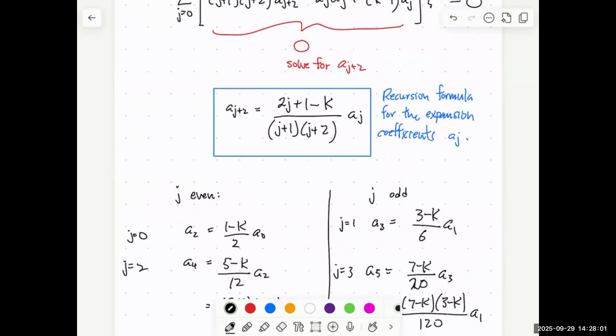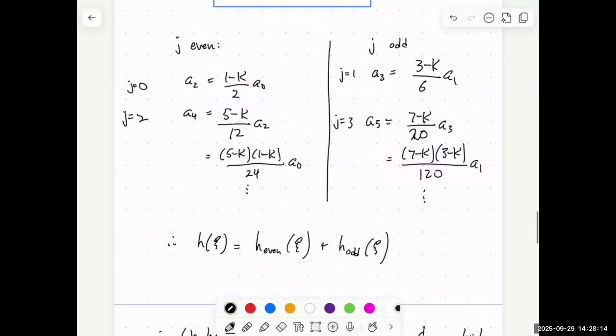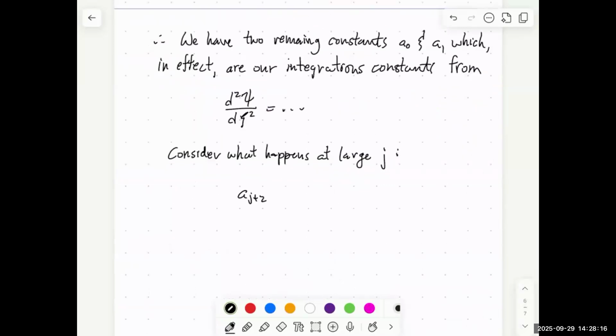So in the numerator, I'm just going to get 2J. In the denominator, J plus 1 is going to be J, J plus 2 is going to be J. I get J squared. 2J divided by J squared is 2 over J. So this is approximately 2J over J squared times a_J. This is our recursion relation again. All right, so that's just 2 over J a_J.